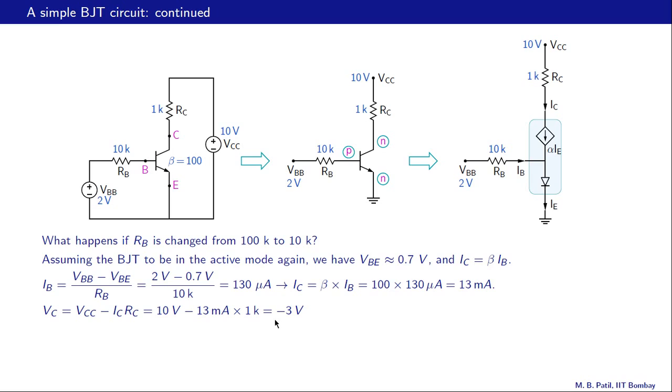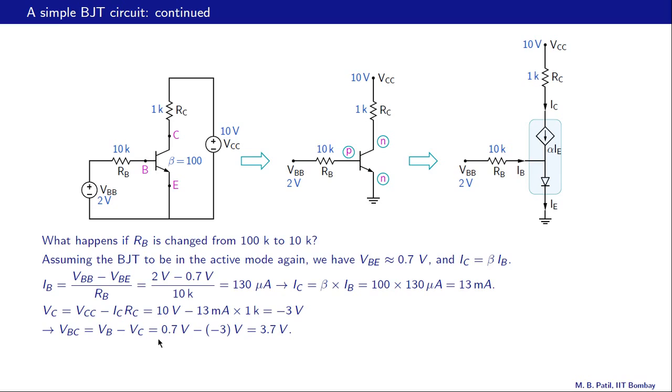Does this make sense? Let us see. What is VBC then? VB minus VC. VB is 0.7 volts because we have assumed this diode to be conducting. And VC, as we just found out, is minus 3 volts.